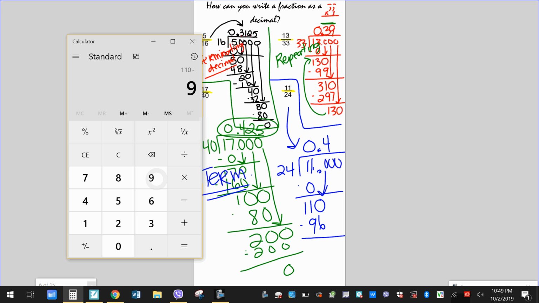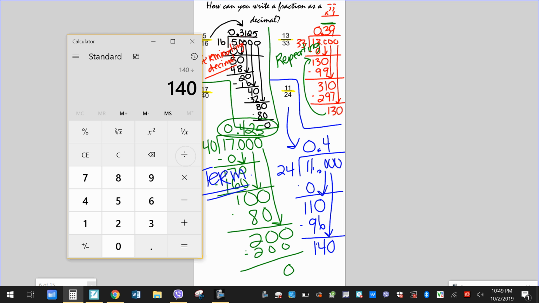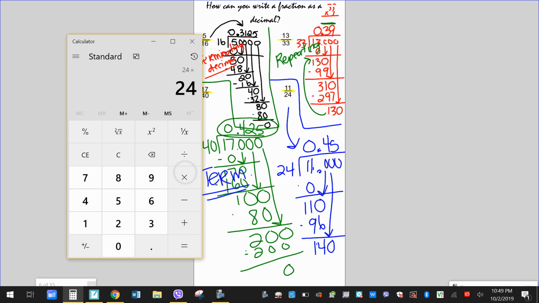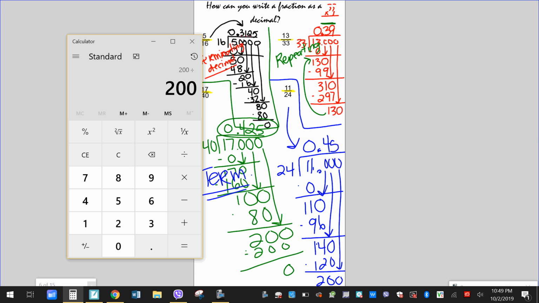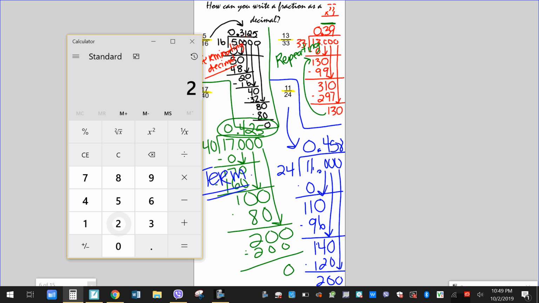Just going to double check because I make mistakes all the time. 14, and then bring down the 0. 140 divided by 24 is 5 whole times. 24 times 5, 120. So we got 200. 200 divided by 24 is 8. Oh my gosh, tight squeeze. 24 times 8 is 192.